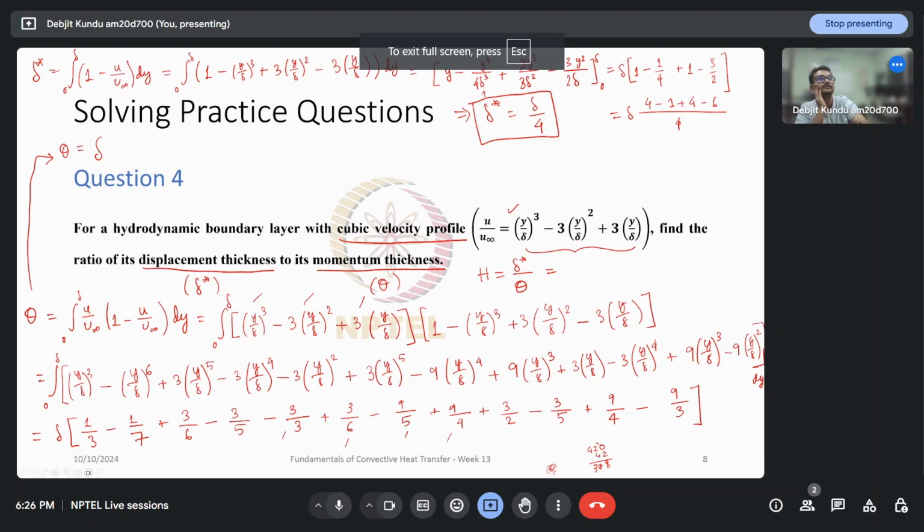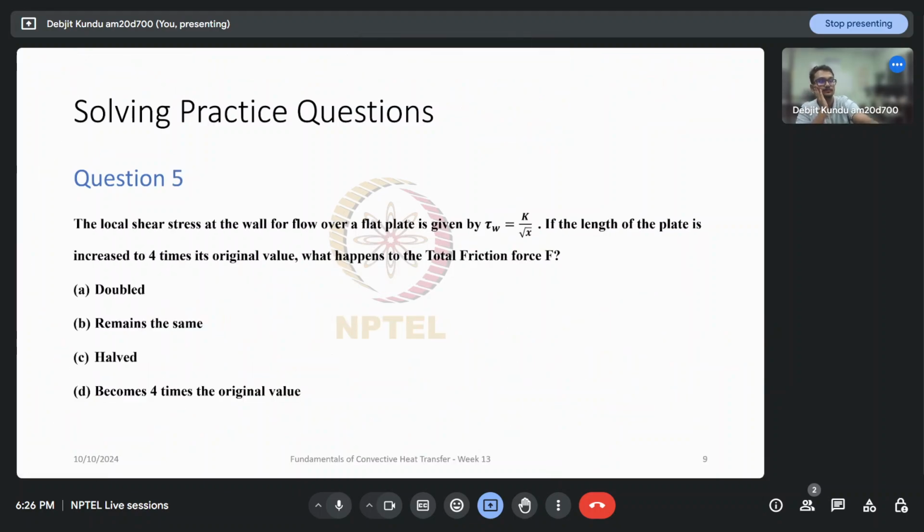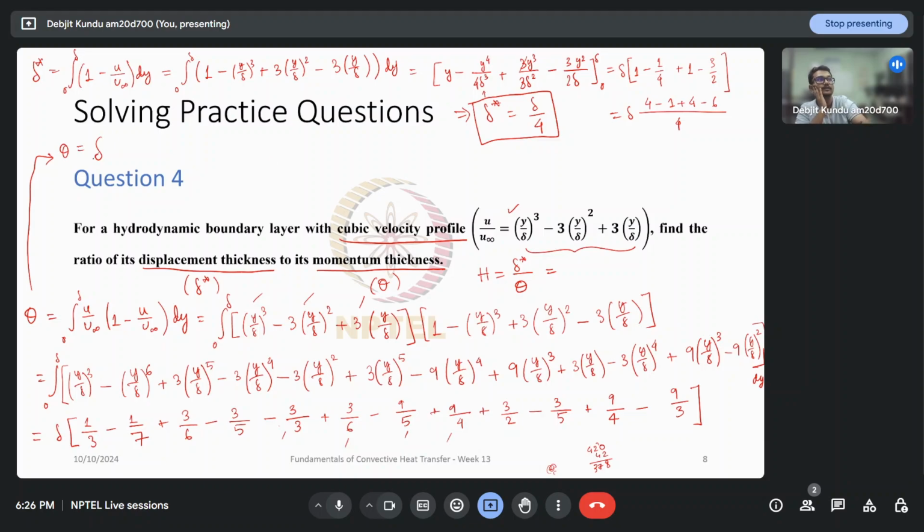So we can write that theta is equal to 0.19 delta. So the shape factor would be, oh, I've written shape factor. So the shape factor will be 0.25 delta divided by 0.19 delta. So this should also give us some clue to what this number could be. 0.25 by 0.19.